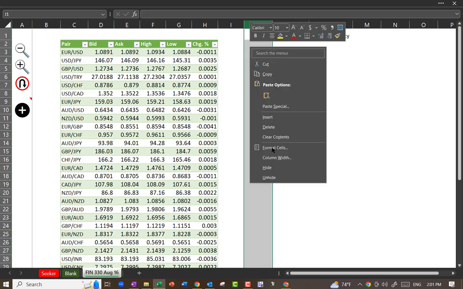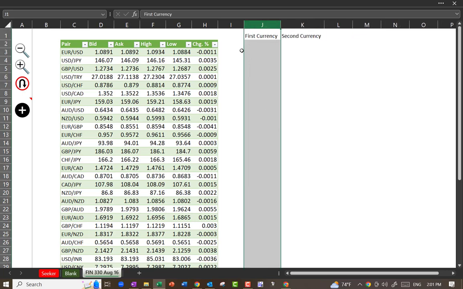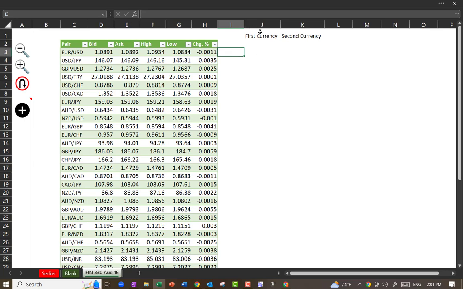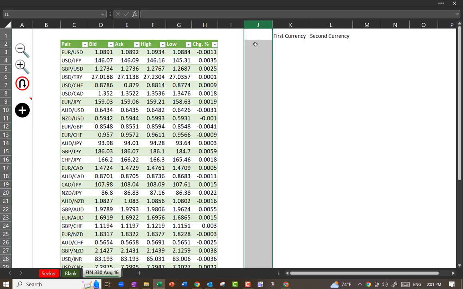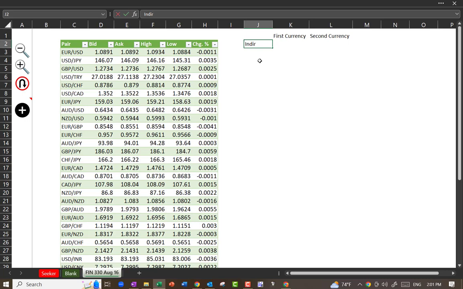Actually, I don't want to delete. If both of them are available, I'm going to use both of them. I'm going to actually, let me see.